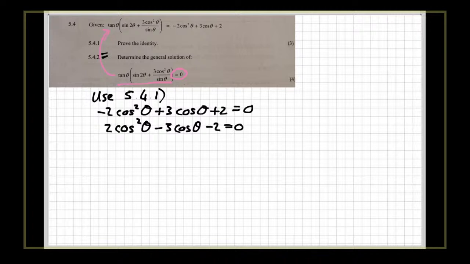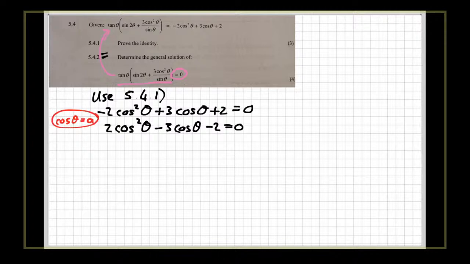Now here comes something and you guys are not going to like me for it. But that's okay. I want to share this with you. If you are struggling with factorizing trigonometric identities or equations, my encouragement to you as a student is make cos theta equal to, let's say, little a.